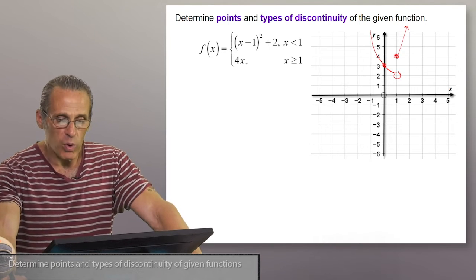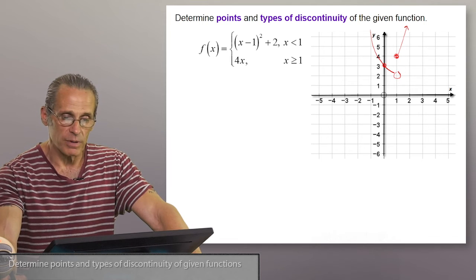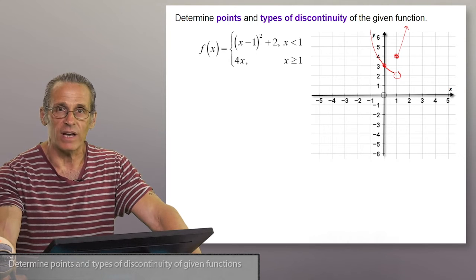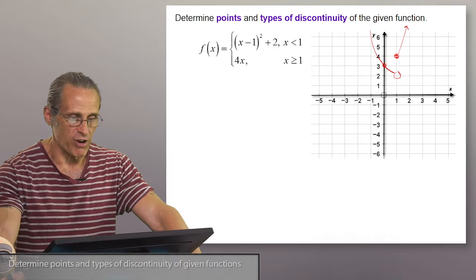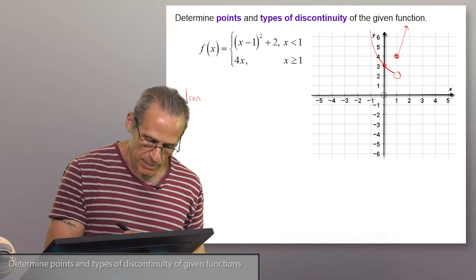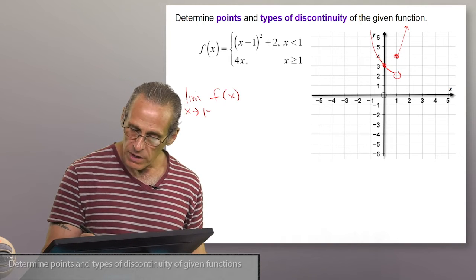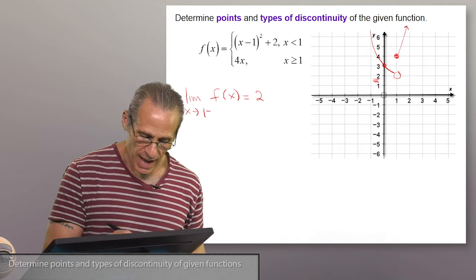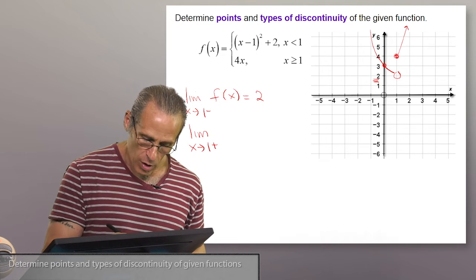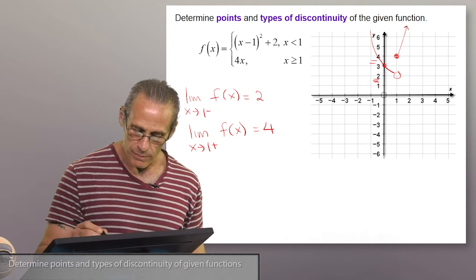Now, when I approach 1 from the left and the right, clearly my limits don't match up. In fact, if I was on the left branch, when I got to x equals 1, I'd have to kind of jump up to the right branch. So what I'm saying is that if I take a look at the left-hand limit as x approaches 1, I see that that would be 2. And the right-hand limit as x approaches 1, well, that would be 4.